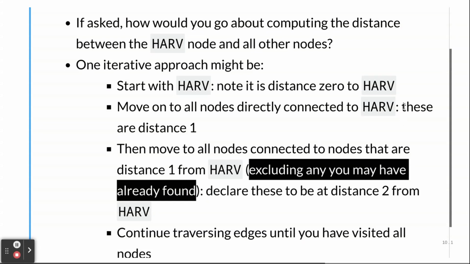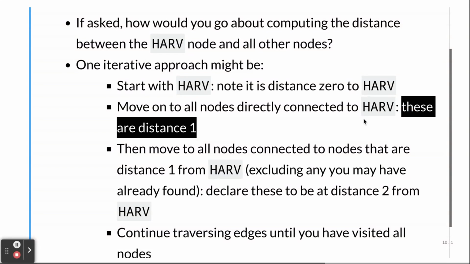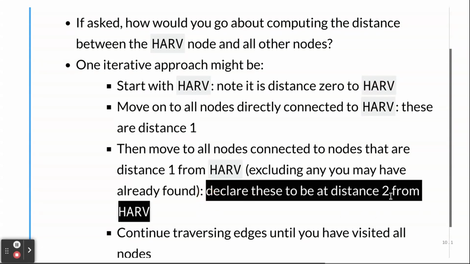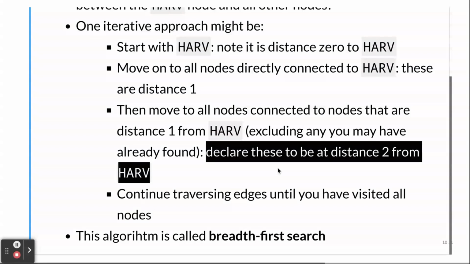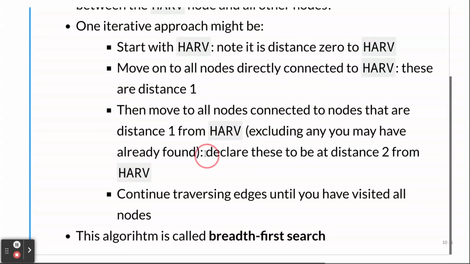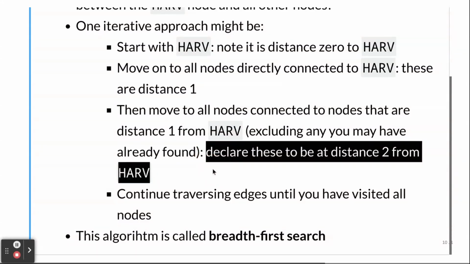But any new nodes you find, by saying, let's go from Harvard 1 step away, and then from each of these neighbors, go an additional step, any new nodes you come across would be at distance 2. And then you consider all the nodes that are 1 step away from these distance 2 nodes, and you'd say that they're distance 3, and so on. And you continue just exploring edges 1 layer deeper until all the nodes have been visited.